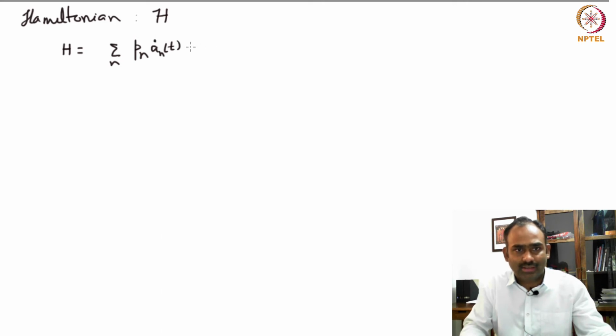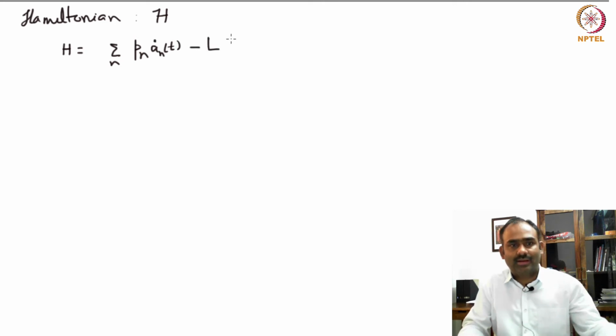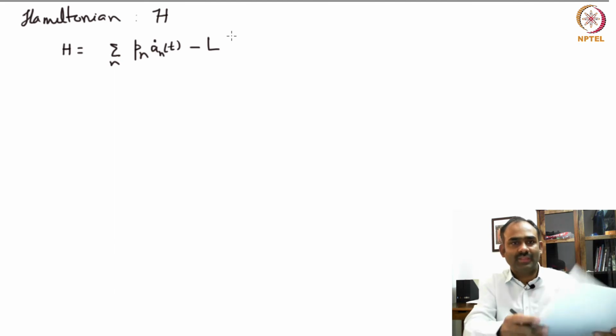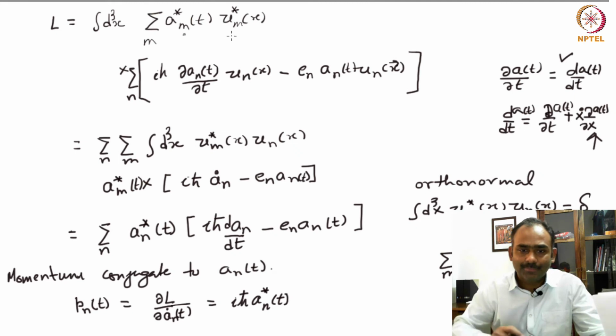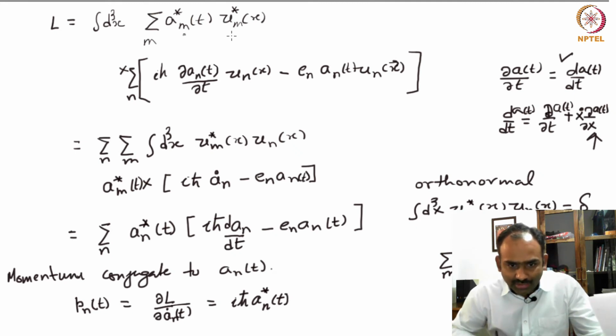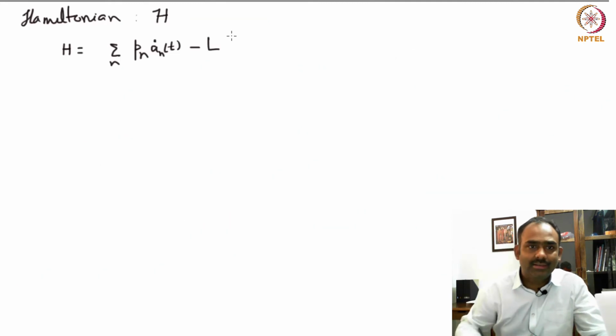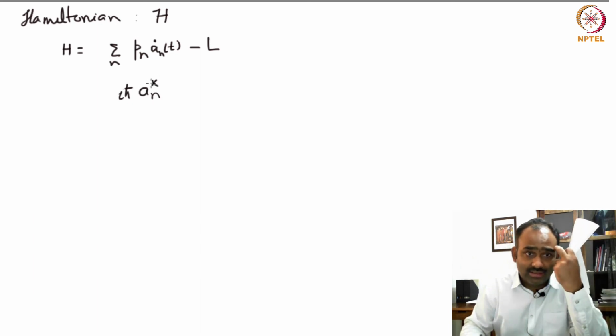PQ dot minus the Lagrangian. And what did we find Pn to be? Pn was iħ An star. So let's write that: iħ An star An dot.